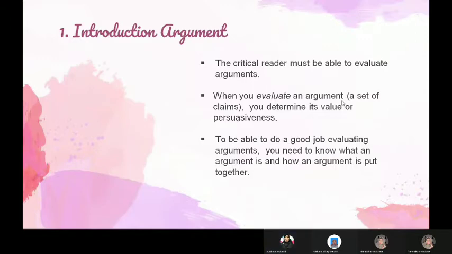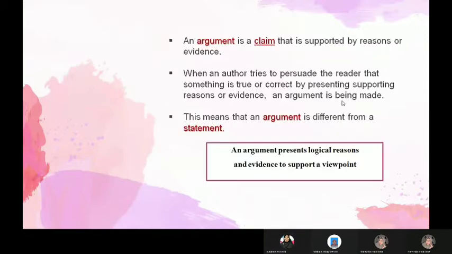Next. Point number 4, an argument is a claim that is supported by reason or evidence. Point number 5, when an author tries to persuade the reader that something is true or correct by presenting supporting reason or evidence, an argument is being made.